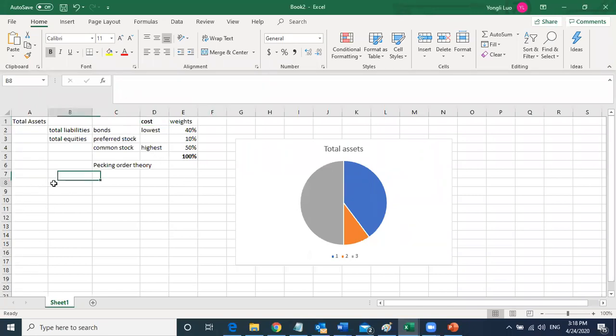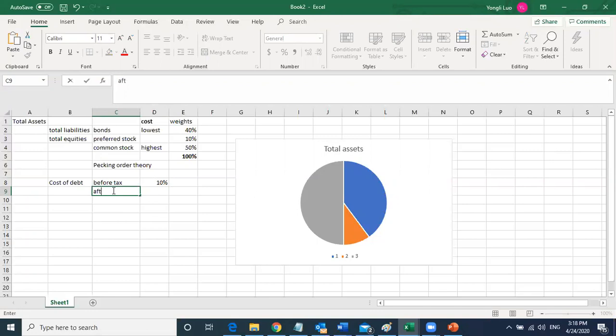So we know the cost of debt. Before tax, the cost of the debt is 10%, and we are not going to use the before tax cost of the debt. We have to use the after tax cost of the debt.